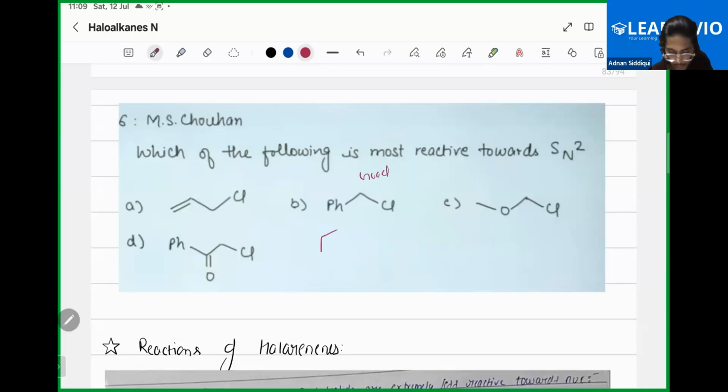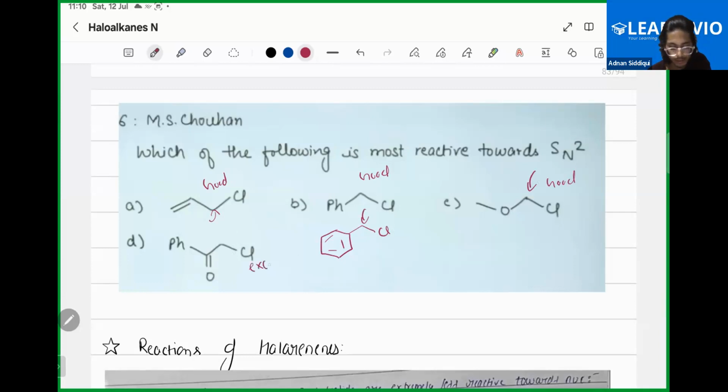Because we have a Cl, right? We can attack from here. It is 1 degree. Here again, we can attack. It is 1 degree. It is good again. And if we talk about this one, it is again SN1. This is good. But I told you something: the alpha carbonyl compounds are excellent.